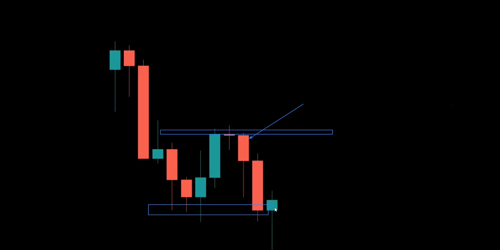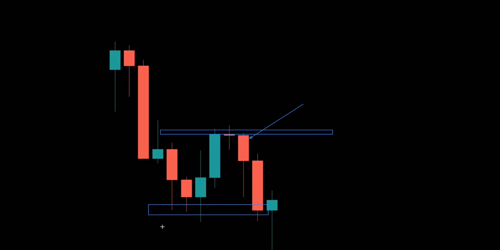So at this point, this makes sense, because once price has made a low over here, it makes logical sense to wait for price to create a resistance in order for it to retest the low.